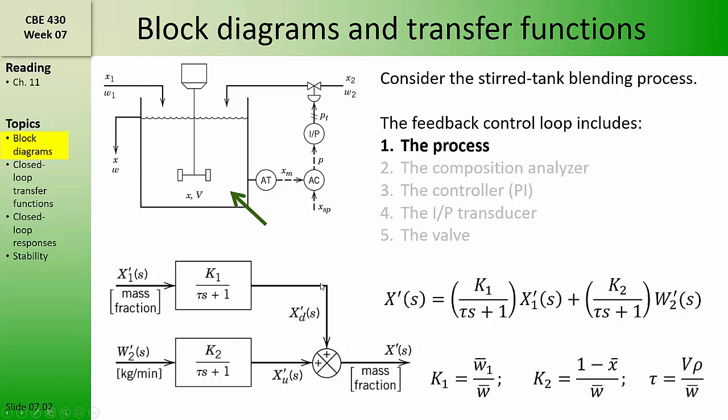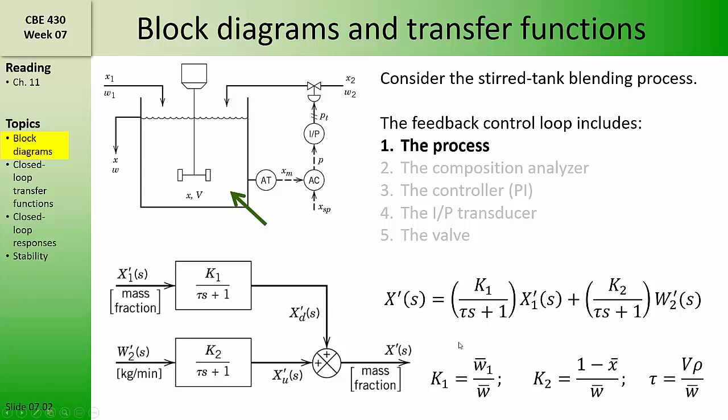In the block diagram, we label this signal here representing the deviation in X1 multiplied by its transfer function as X sub d, and this deviation here representing the deviation in the flow rate multiplied by its transfer function as X sub u. Here the d indicates that this is a disturbance input, and the u represents that this is a manipulated variable input.